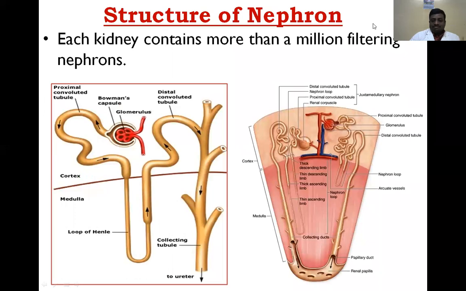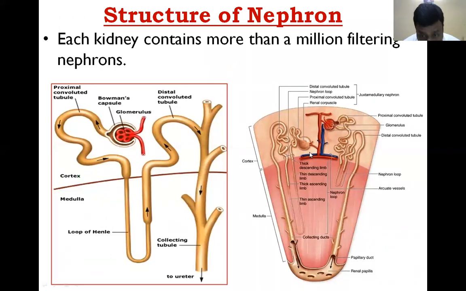So what is a nephron? The nephron is the structural and functional unit of the kidney. The main function of the kidney depends on these nephrons. About 1 million nephrons are present in the kidney.